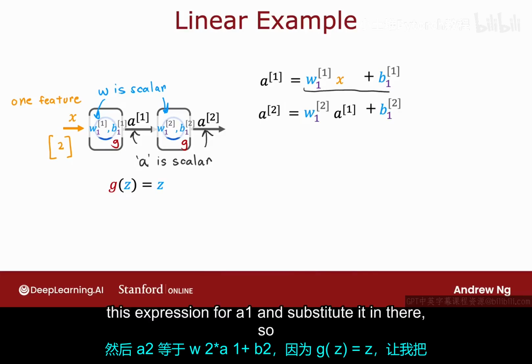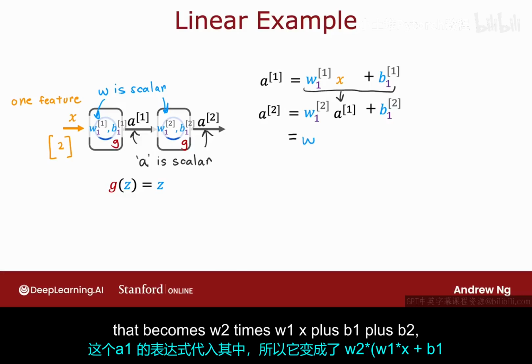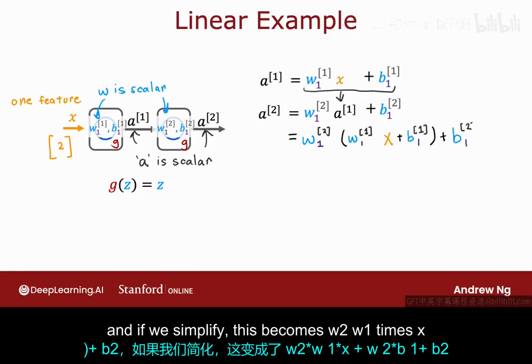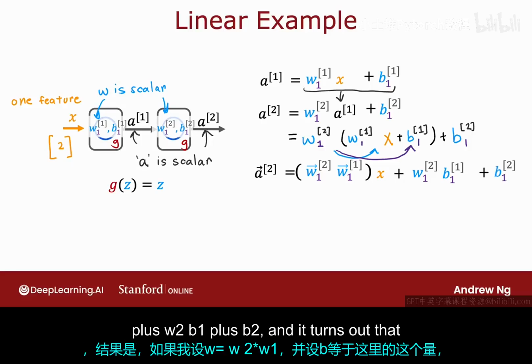And let me take this expression for a1 and substitute it in there. So that becomes w2 times (w1 x plus b1) plus b2. And if we simplify, this becomes w2 w1 times x plus w2 b1 plus b2.